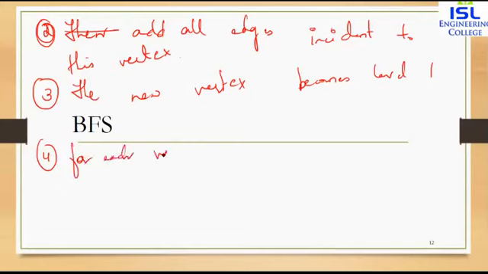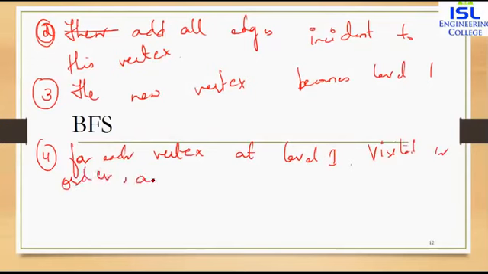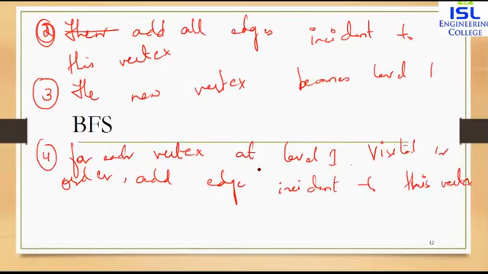For each vertex at level 1, visited in order, add the edges incident to this vertex.